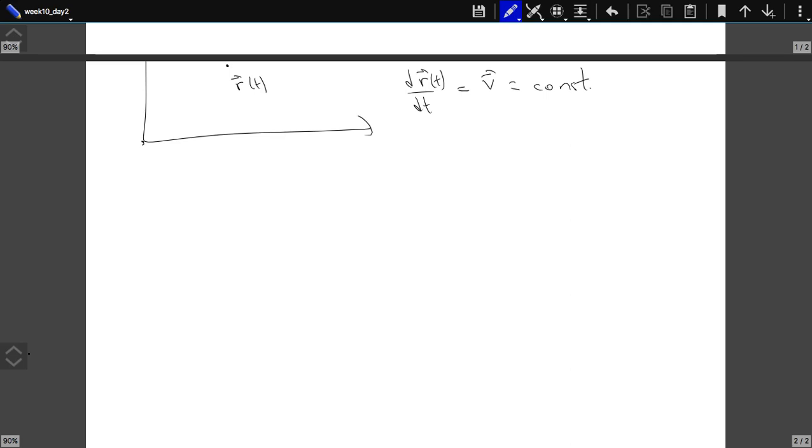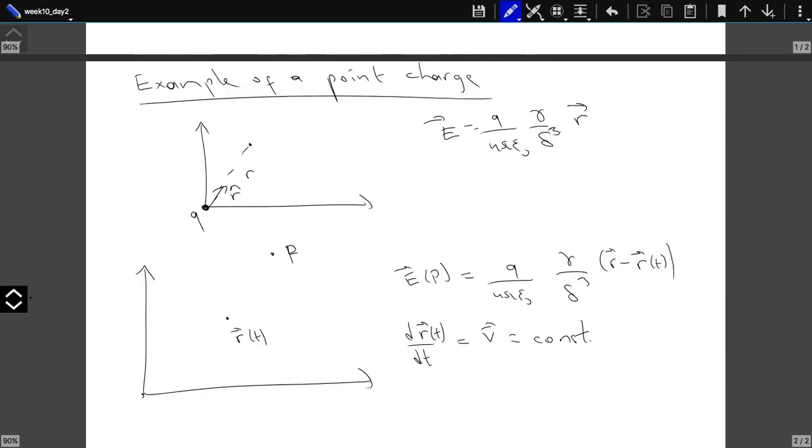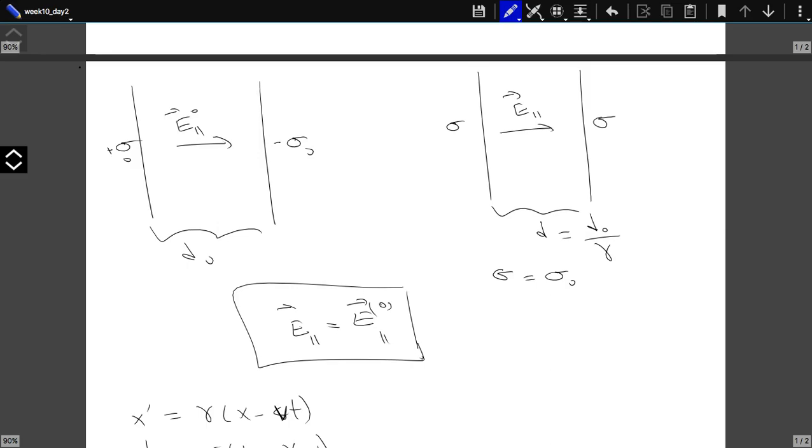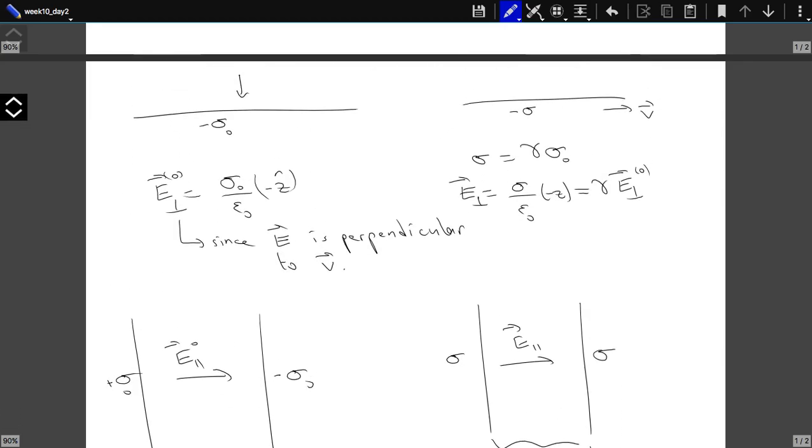Okay, now let's continue with what we were trying to achieve last Friday, or Monday. If you remember, we had derived the transformation properties between two reference frames: the component of the electric field parallel to the velocity doesn't change, whereas the component perpendicular to the velocity gets multiplied by this factor gamma as you go from one reference frame to the other one that is moving with the velocity v.